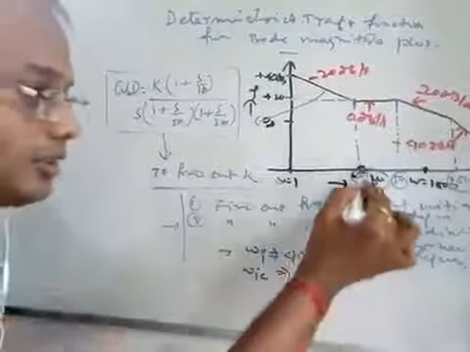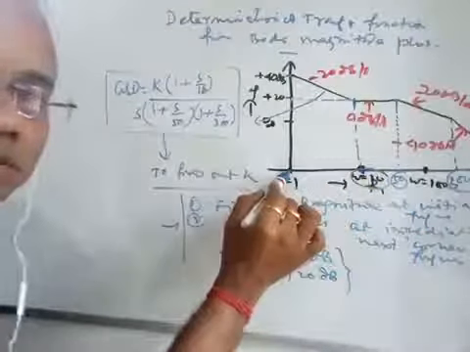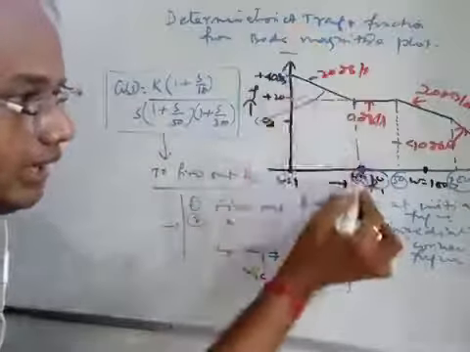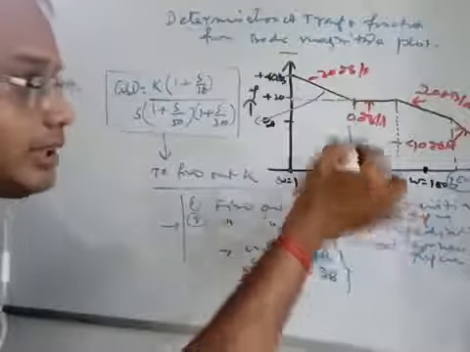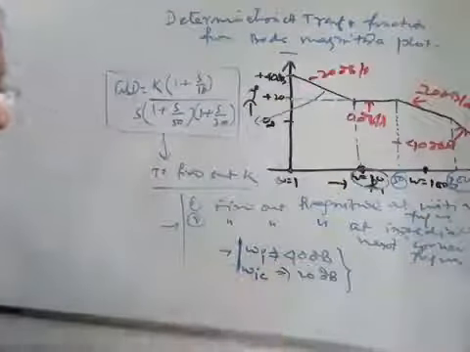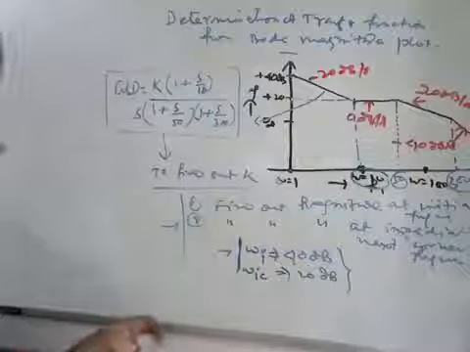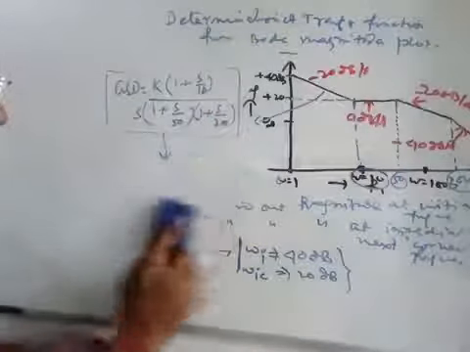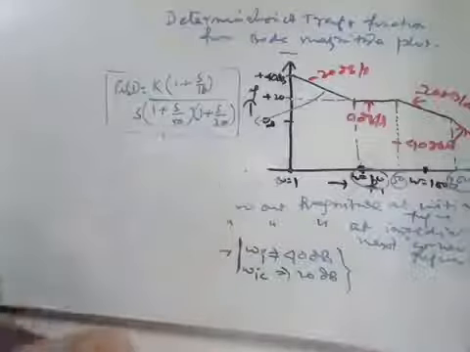So here you will see the immediate next corner frequency is 10. This is your initial frequency. At the initial frequency the magnitude is 40 dB, you see, and at the immediate next corner frequency what you will get is a magnitude of 20. So these are the two factors we are getting. Now once you get this, just put a formula like this.